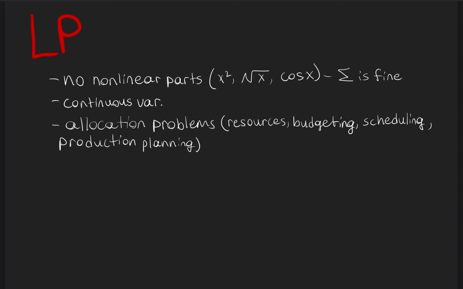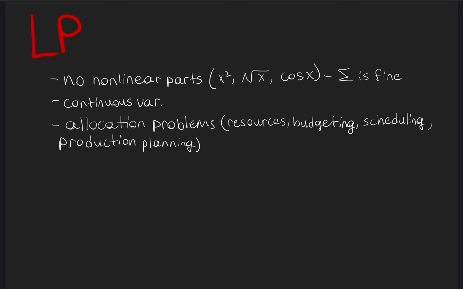And some specific examples of when you might want to use linear programming are allocation problems. You are allocating resources, there are limited resources, and you need to use those resources to produce something, and the two products that you produce have different costs and require different amounts of resources and different profits that you get from them.